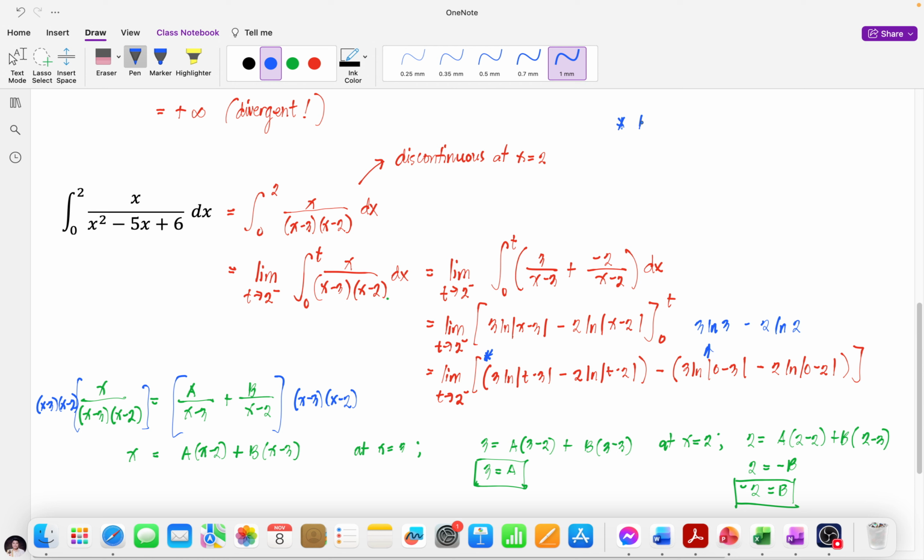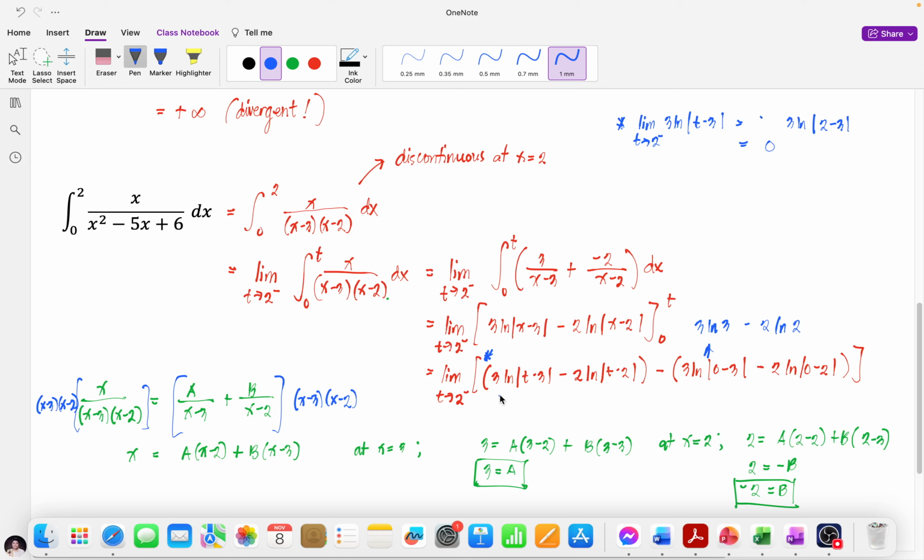So we have the limit of 3 ln of absolute value of t minus 3 as t approaches 2 from the left. We can do direct substitution. That is just 3 ln of absolute value of 2 minus 3. No more limit. So this is just 1, so we have 0.